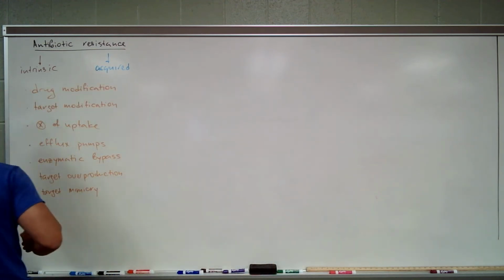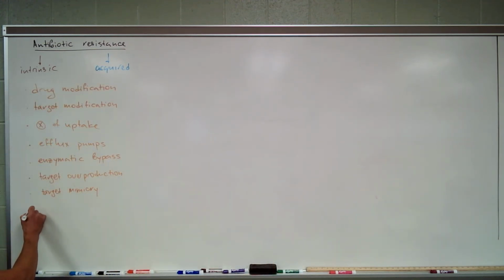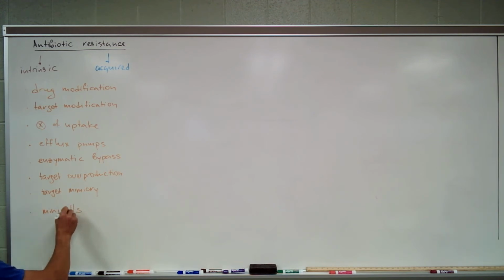Last mechanism is minicells. I just find it absolutely fascinating. So in case of minicells, this has been shown recently. It's really cool. So remember we were talking about aminoglycosides, how they result in the production of faulty proteins. So you've got a whole bunch of crappy proteins in the cytoplasm of the cell.